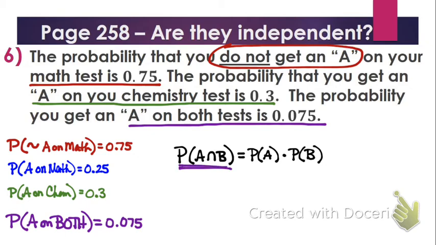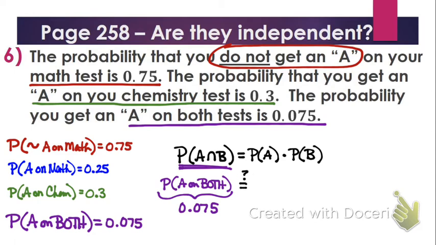What is this in our example? The probability of A and B. How would I describe that in this situation about the math test and the chemistry test? Yes, getting an A on both. And that probability we wrote down as 0.075.